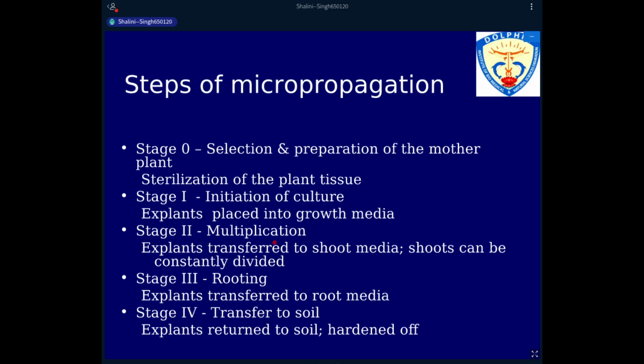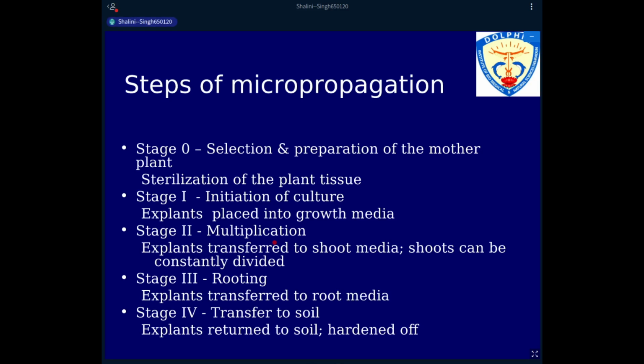It should be an ideal plant. It should be high in height. It should contain higher biomass. Yield should be high, and it should have insect and disease resistance. Disease free should be preferred.